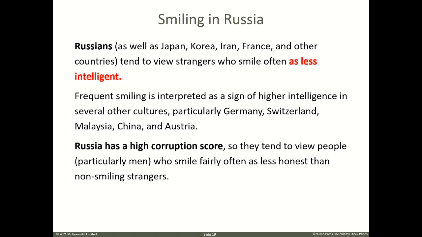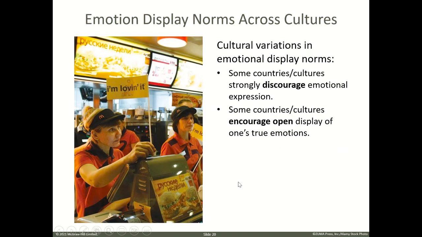And in another culture, specifically if we talk about Germany, Switzerland, Malaysia, China, Austria, and Russia, which has a high corruption score, right? They tend to view people, particularly men, who smile fairly often as less honest than non-smiling strangers. So smiling means showing their emotions, right? So we can find different cultures and different emotions.